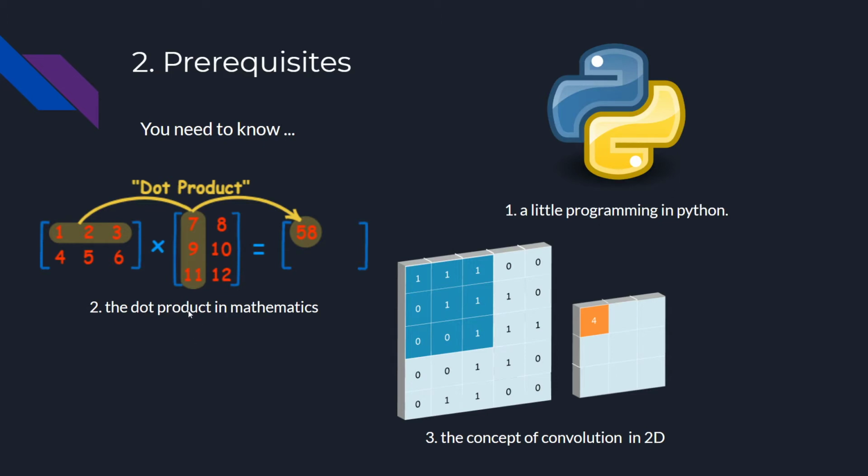Understanding of what the dot product means in mathematics, and then based on top of this dot product, also understand the concept of convolution, that's sliding a smaller matrix on top of a larger matrix, applying the dot product, and that gives you a sense of similarity. And that in 2D because we're working in 2D images.